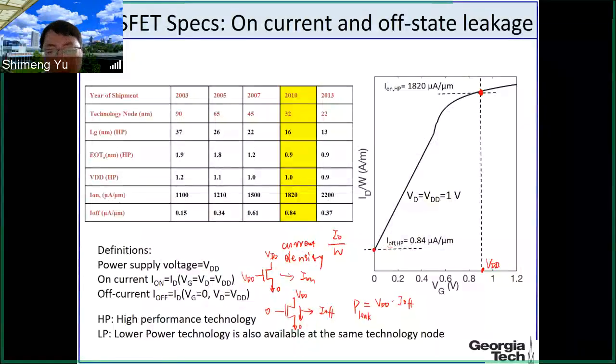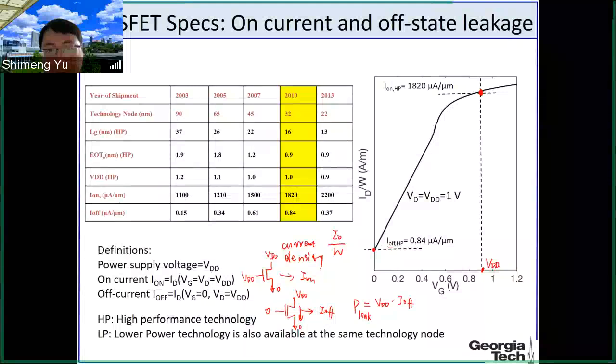And then you ask me why this is important. Then I will tell you this is very important. This is the reason why the processor is consuming power even in the sleep mode or standby mode. That's why in your smartphone, when you are doing nothing, you are not running any apps, your battery is still being drained over time because of this.